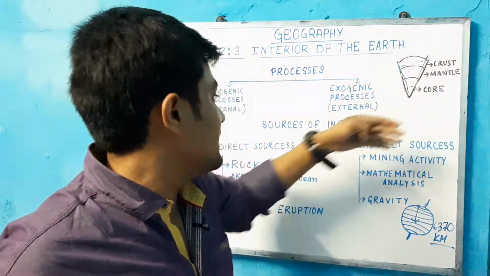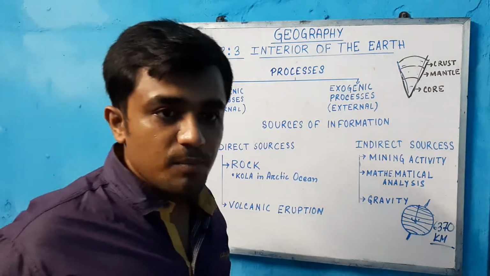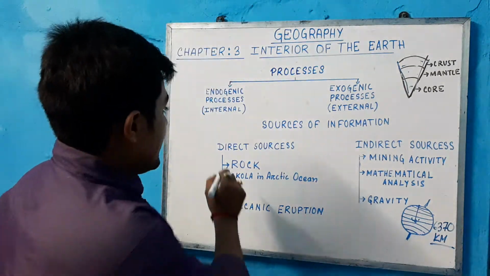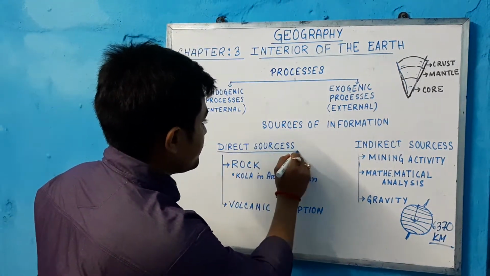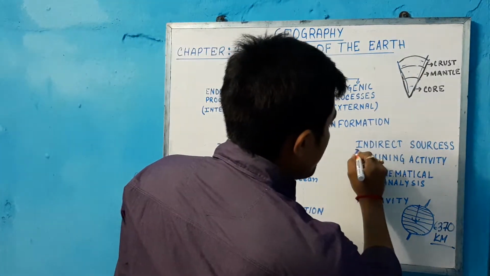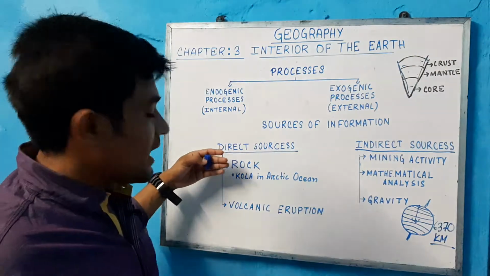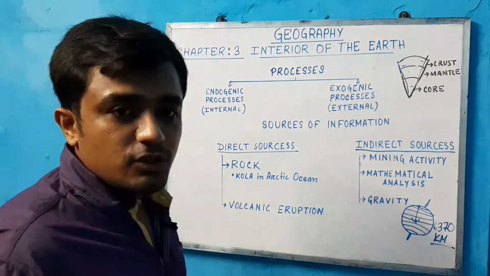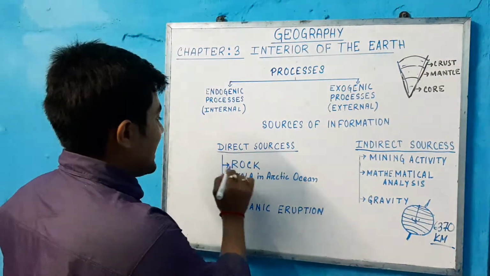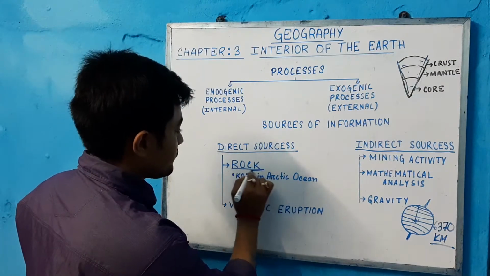So there are two sources of information. Number one is the direct sources and second one is some indirect sources. So let's talk about some direct sources. The first direct source is the rock.